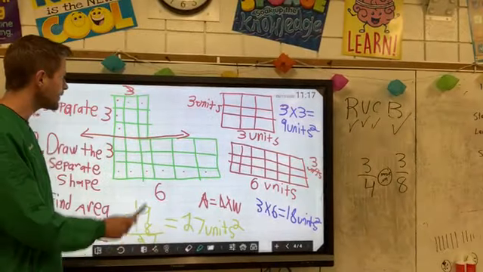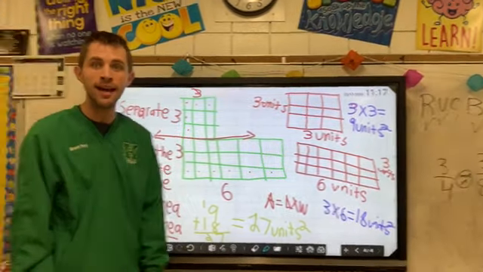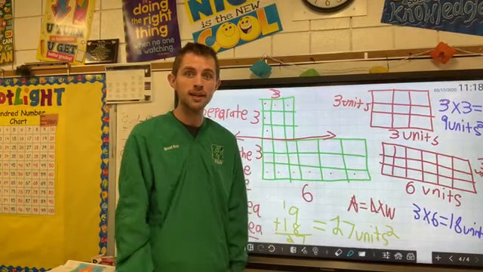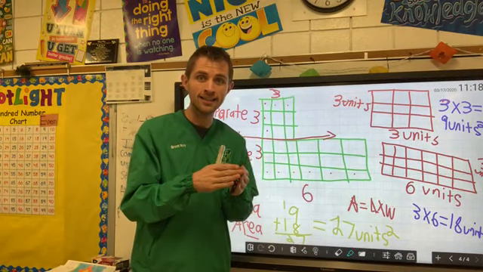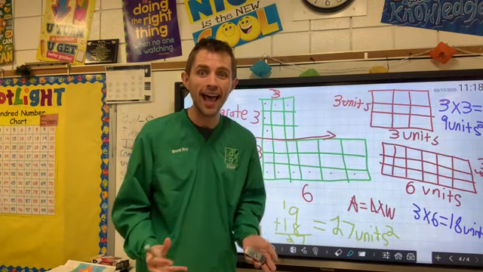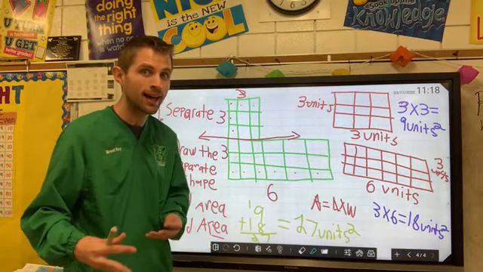And if you need to check it, all you have to do is count the total amount of squares that are inside, because remember, area is inside, so we multiply. We use AIM. Remember that? Area inside, multiply.